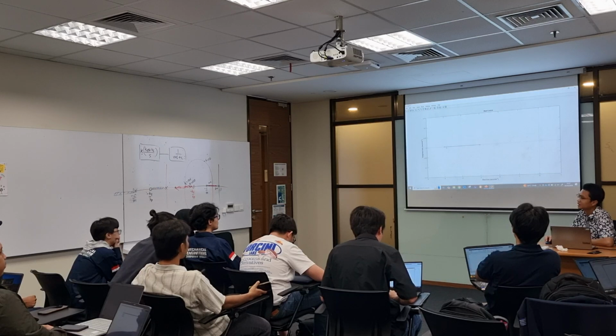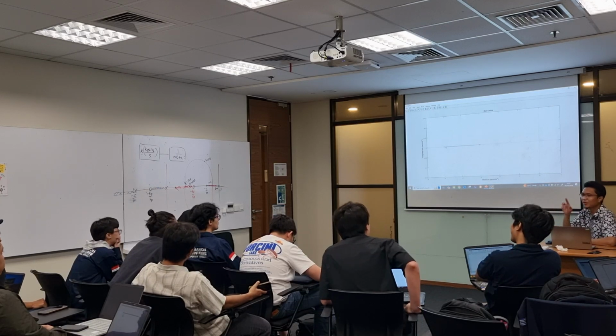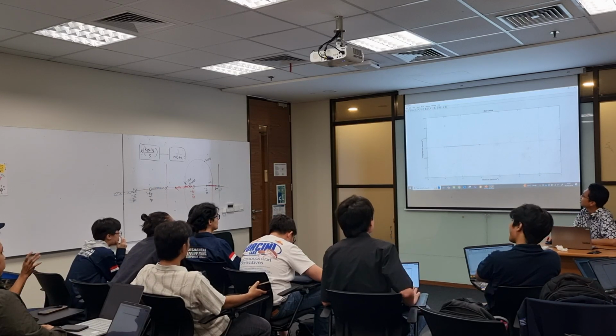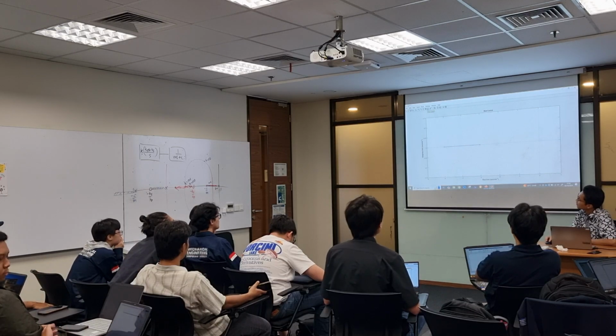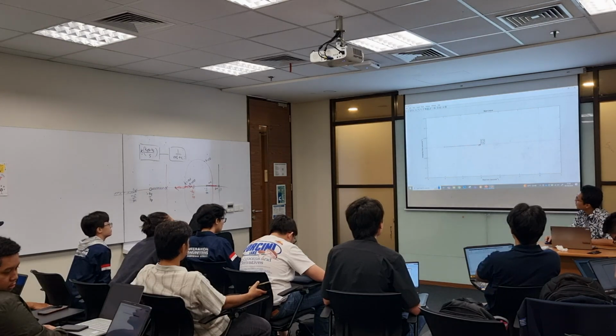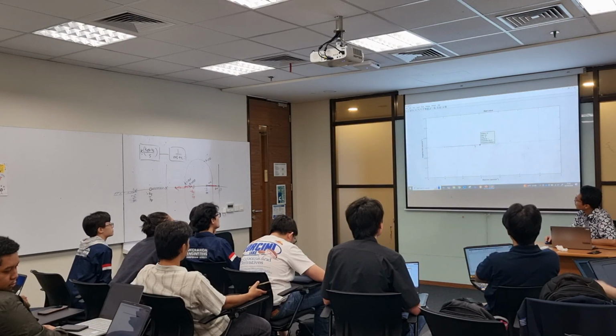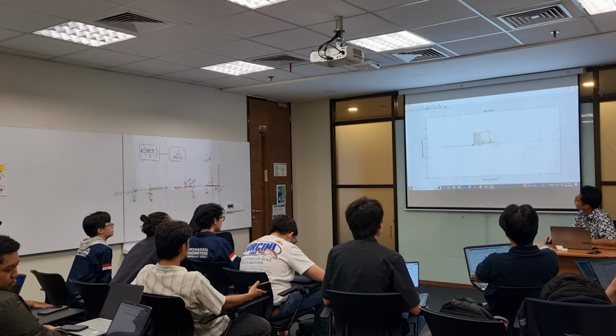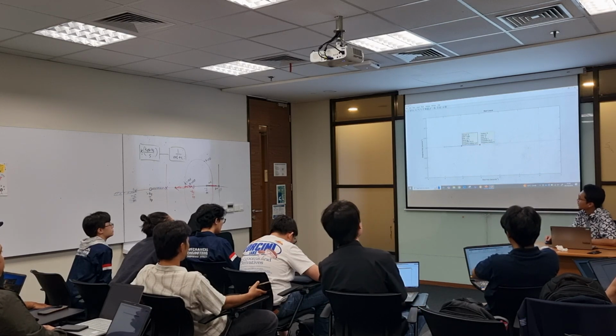No, this is just a line. There is no circle at all. Only one pole, one zero. If you click on the data cursor here, you can check the gain. That's the gain. Gain is the K.